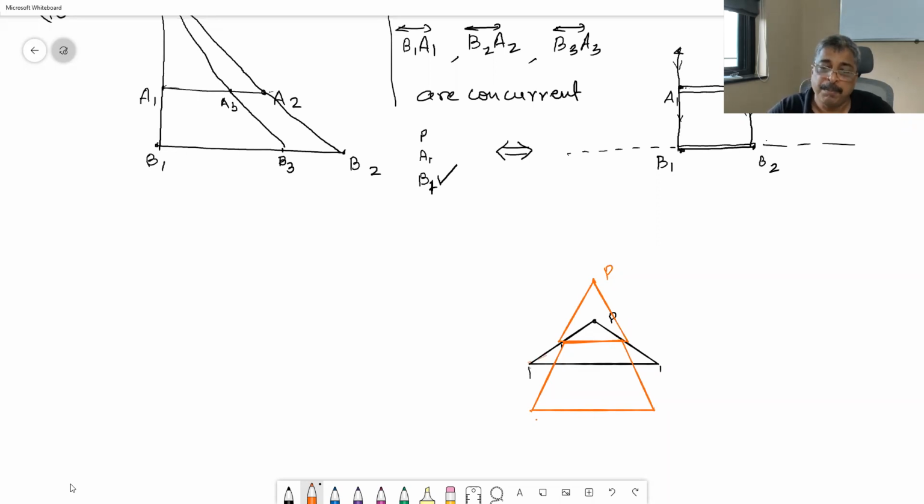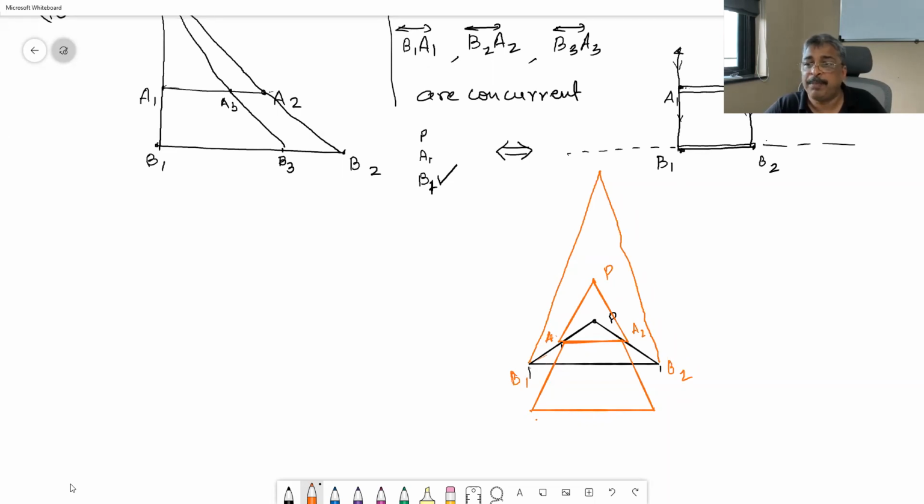If I take P further ahead, a little away, I will get the length of the image further smaller compared to A1, A2. You have to compare with B1, B2, and every time the image is B1, B2.